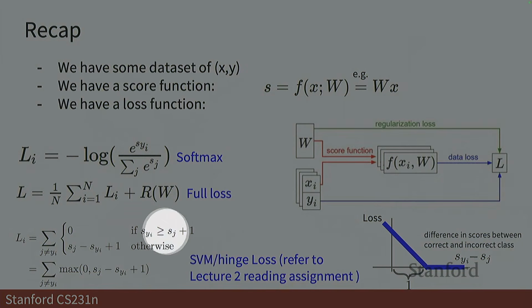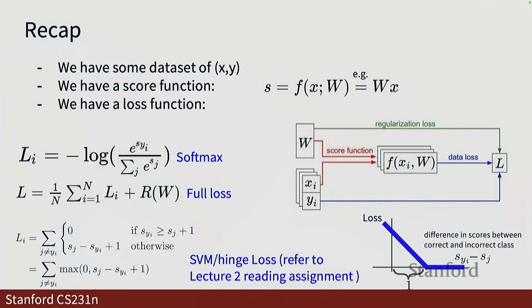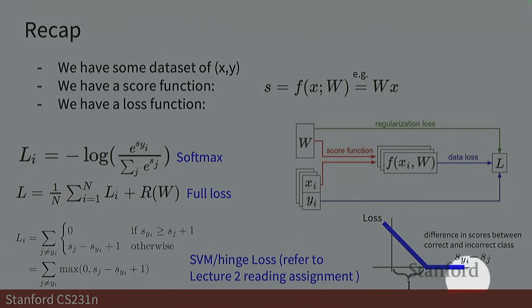You can see the condition here, creating a value of 0 if the condition is true. As I said, it encourages the score of the correct item to be higher than the scores of all other items by at least a margin. That number 1 that you see there is the margin. And then if the condition is violated, the loss increases proportionally from the margin, and this is the visualization.